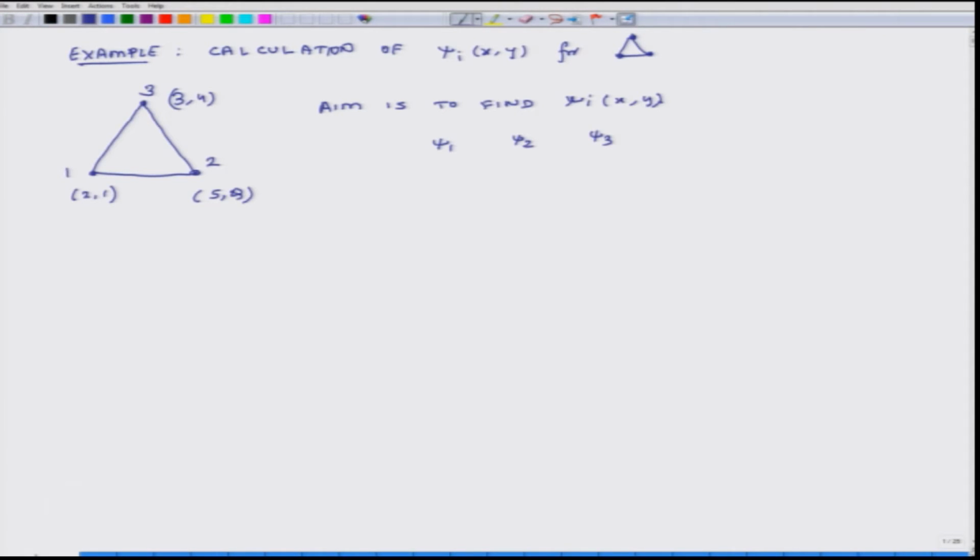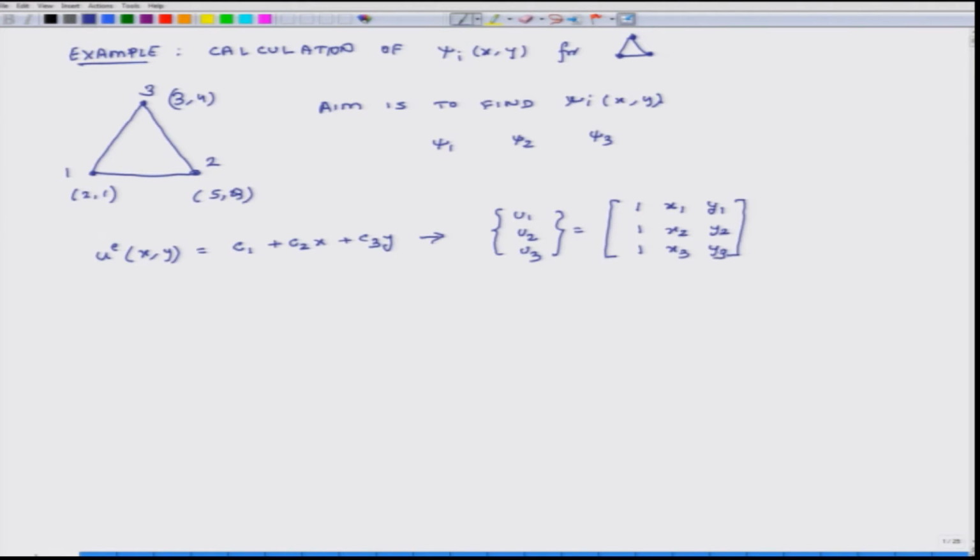In an earlier week we had said that the approximation of this field variable u could be represented as C1 plus C2 x plus C3 y, and from this we had developed 3 equations, that u1, u2, u3 equals a matrix, which we called the A matrix, 1 x1 y1, 1 x2 y2, 1 x3 y3.